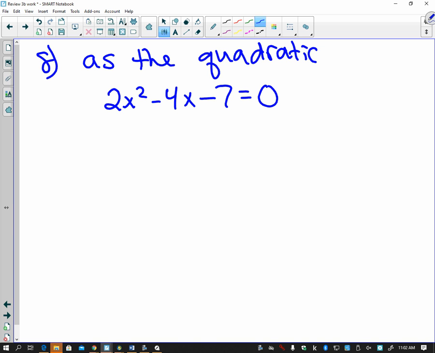Okay, that's what it gets changed to, correct? I know that's not what it looks like to begin with. It looks like negative 7 plus 2x squared equals 4x, but we move everything to the left-hand side, correct?